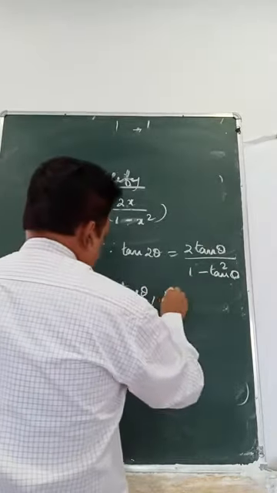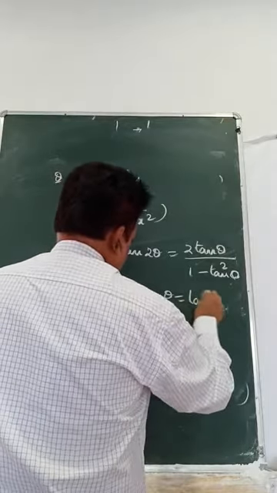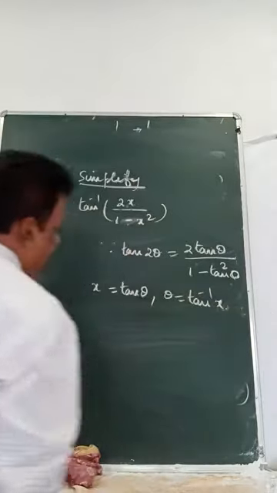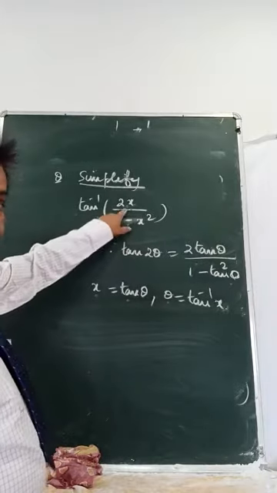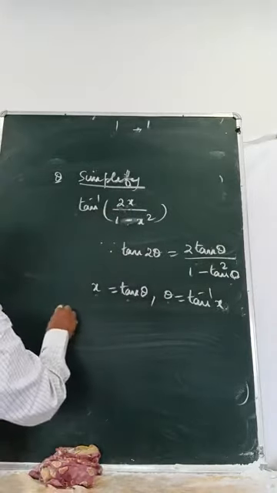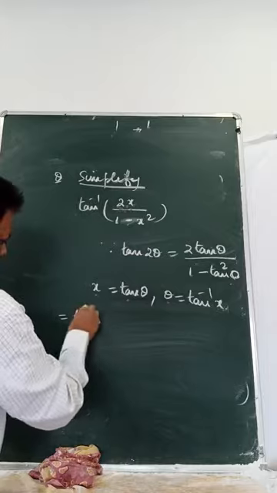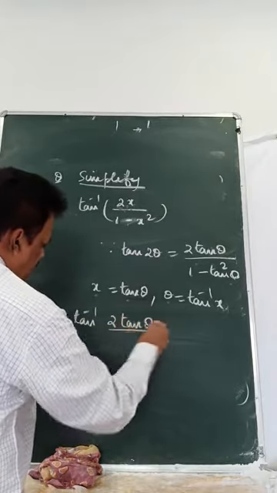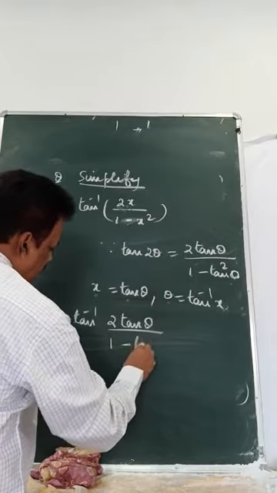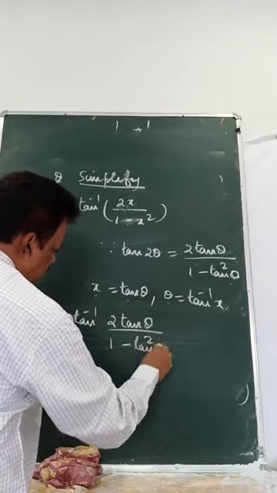So theta becomes tan inverse x. If you put x is tan theta here, what will you get? Tan inverse of 2 tan theta by 1 minus tan square theta.